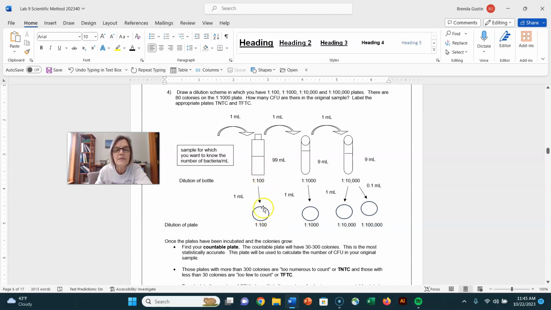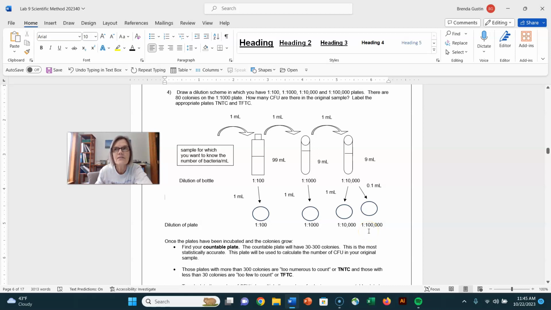So we put a milliliter from there into that. We put a milliliter from our 1 to 1,000 on the plate. We have a 1 to 1,000 dilution on our plate. We take a milliliter from our 1 to 10,000 tube, and I have a 1 to 10,000 plate. Now I could do one more tube, a 9 ml tube, and have a 1 to 100,000 and put 1 ml on this plate, and I would have a 1 to 100,000 dilution.